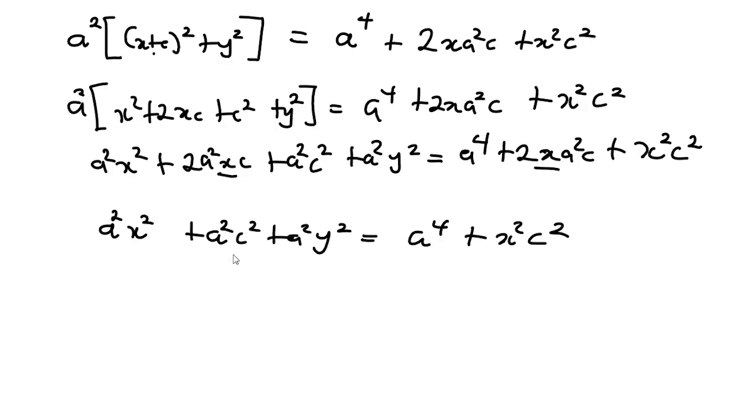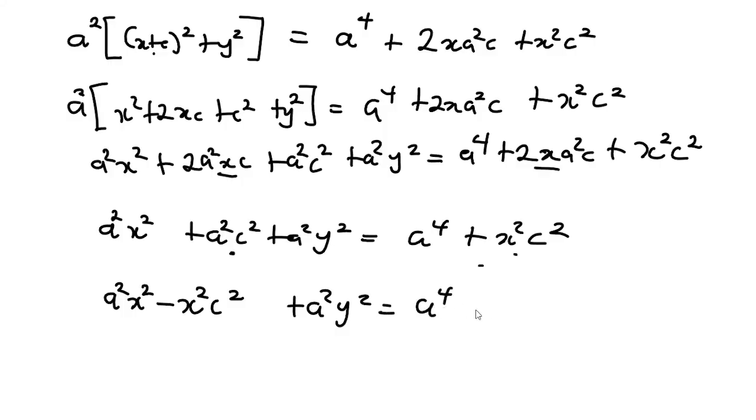Let's send this one to the side and this to the side. We have a squared x squared minus x squared c squared plus a squared y squared being equal to a to the power 4 minus a squared c squared.